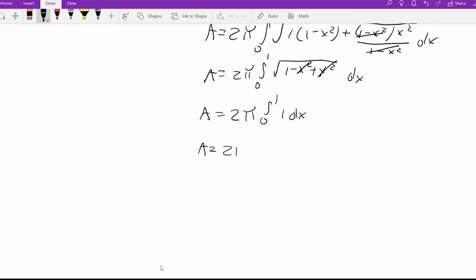So now we solve the integral, and the result of the integral is going to be A is equal to 2 pi x evaluated from 0 to 1. And now we evaluate this equation.